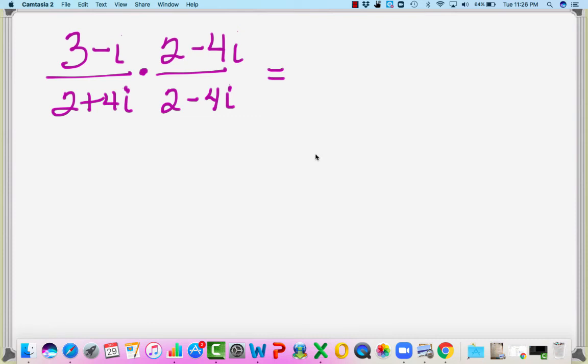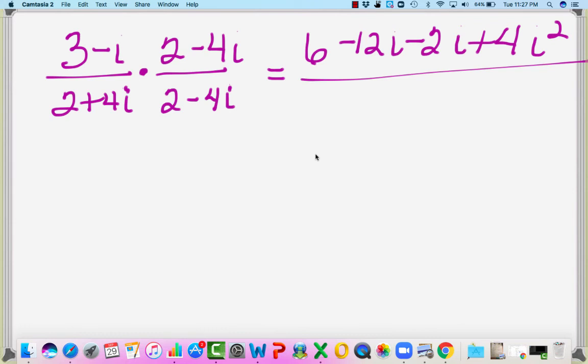So I'm going to distribute on the top, or FOIL, and get 6 minus 12i minus 2i plus 4i squared over, then when I FOIL on the bottom, I'm going to get 4 minus 8i plus 8i minus 16i squared.